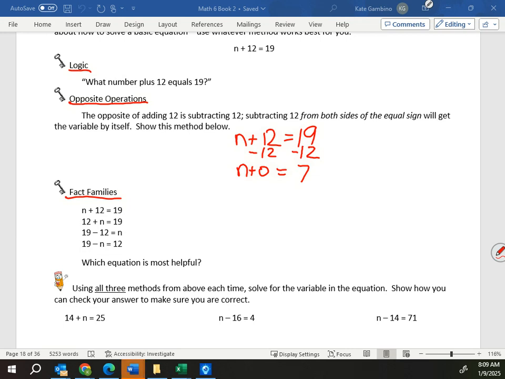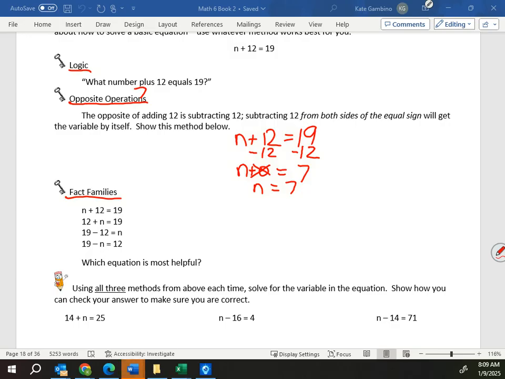Because we're adding 0 to it. So I can take that plus 0 off and just say n equals 7. Look at that. I knew what number plus 12 equaled 19. I knew that was 7. So I could get the same answer using my logic and using those opposite operations.